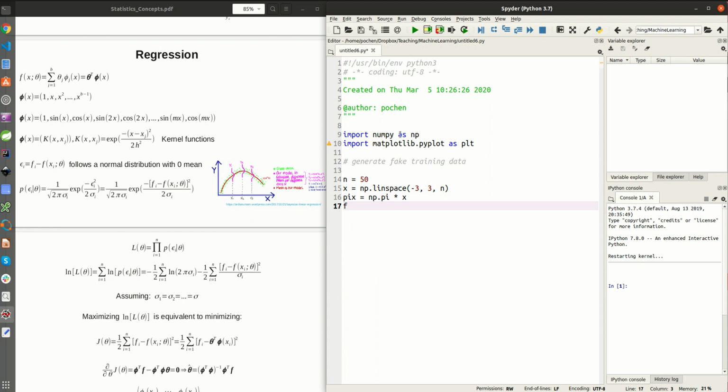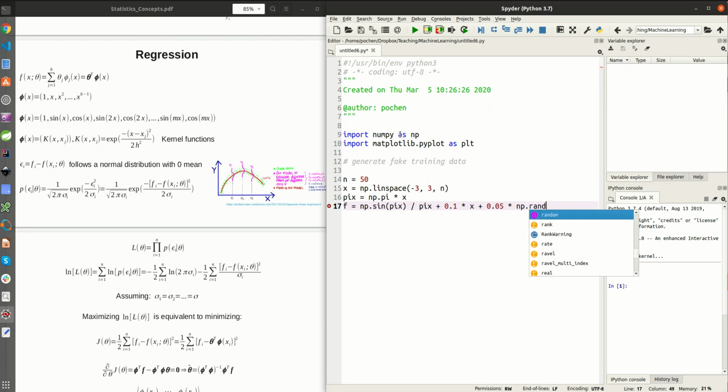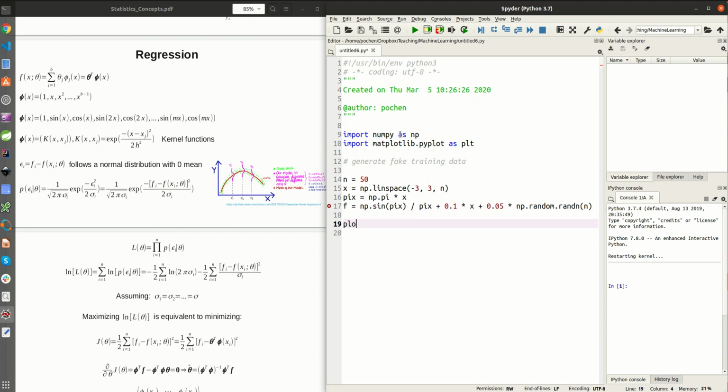And then our label for the training data is going to be np.sin of pix divided by pix, plus 0.1 times x, plus 0.05 times np.random.randn of small n. And if we want to make a plot of the training data, plot.plot x, f, and we're going to use blue circles.